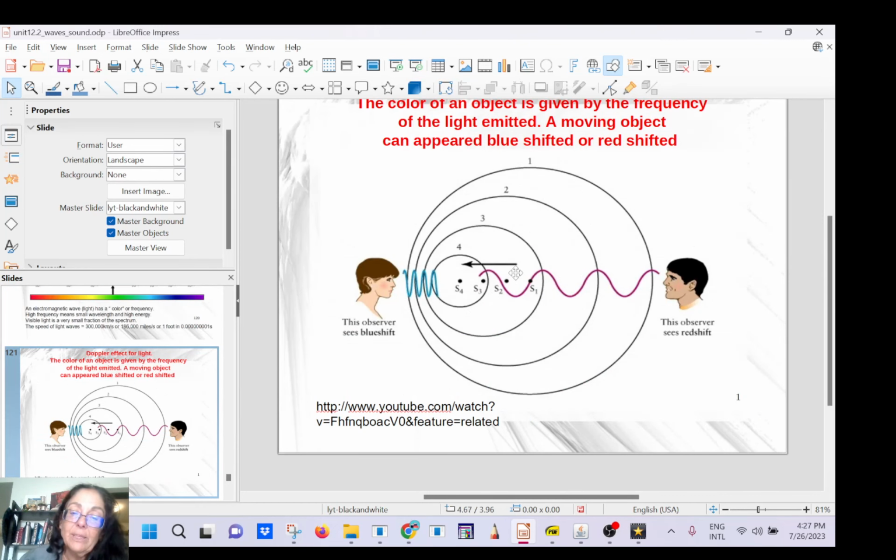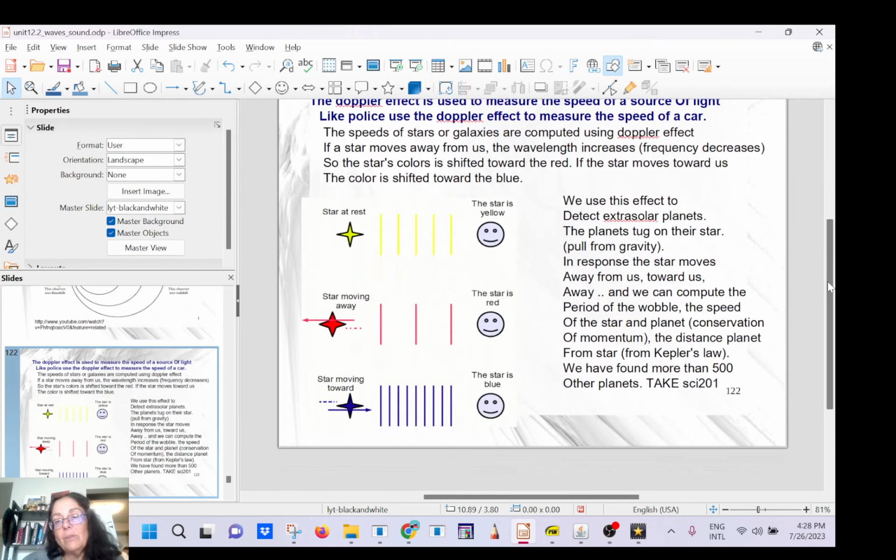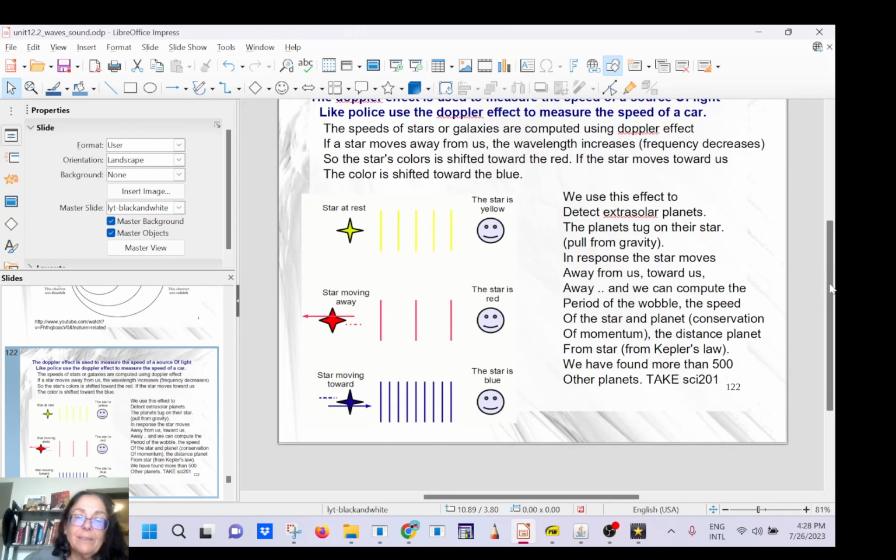Imagine you have a green source and it's moving in this direction. So for that person, green will appear blue, and for that person, green will appear red. So we call that redshift, and we call that blue shifted. It's more complicated than that, but just for you to get the idea, let's say you have a star and it's a green-yellow star.